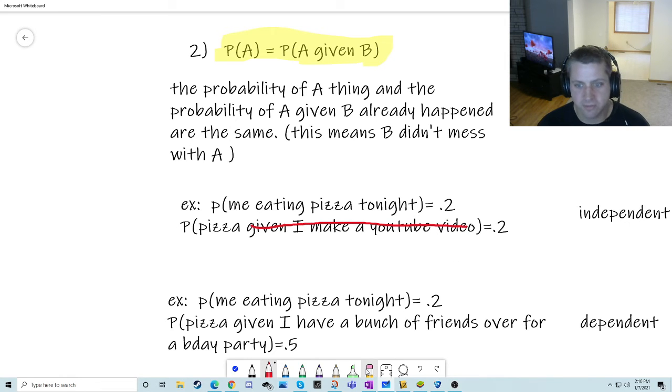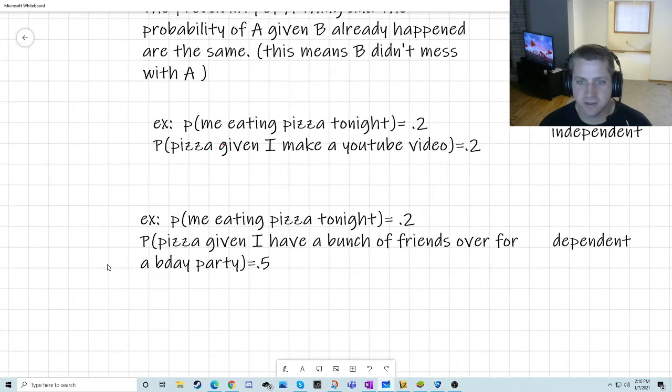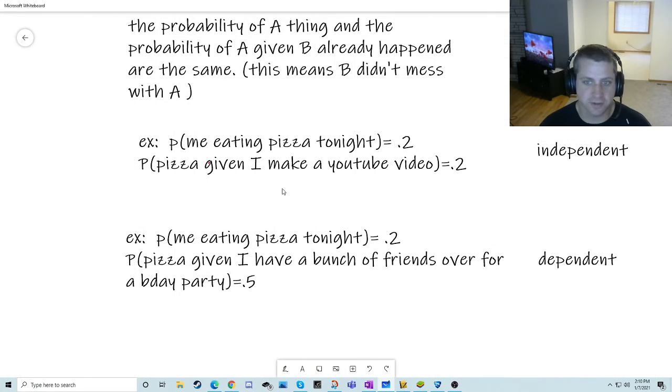It's still 0.2. Now, that might be different if I use a different two events, like the probability of me eating pizza tonight is 0.2 in general, but what if I decide instead to go out? What if I decide I have a bunch of friends over for a birthday party? Well, maybe having a bunch of friends over is its own event, but if that happens, I'm sure as heck more likely to get pizza.